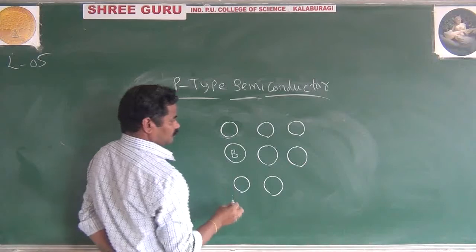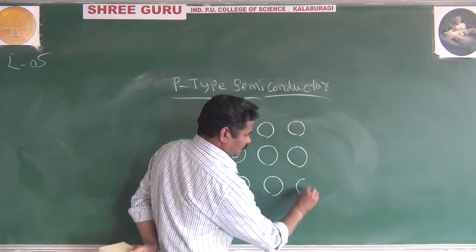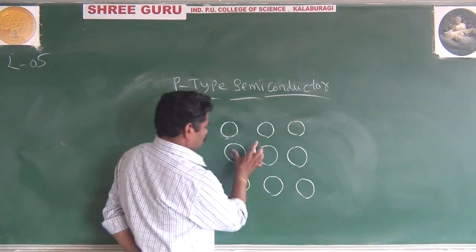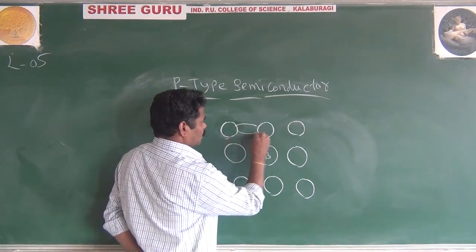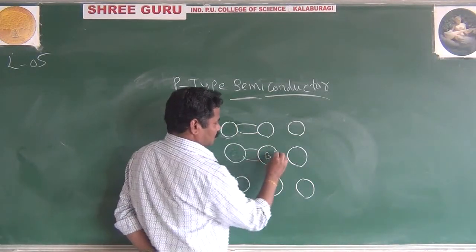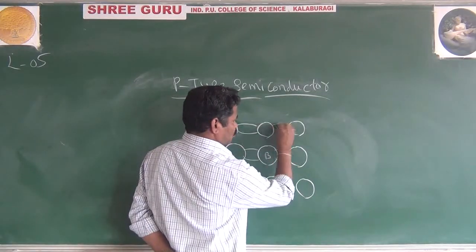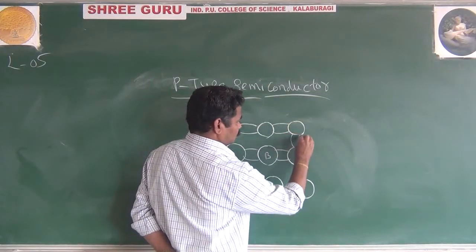Here in the middle you take boron. You have the covalent bonds between the atoms.